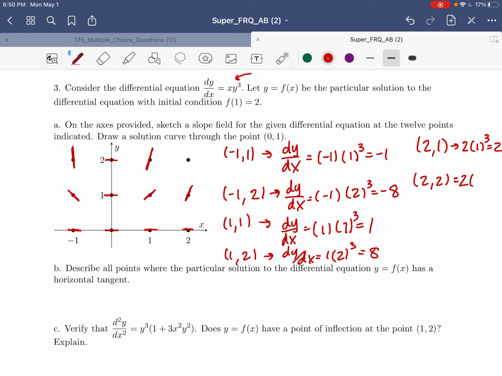And (2, 2) is 16, so that's the steepest.